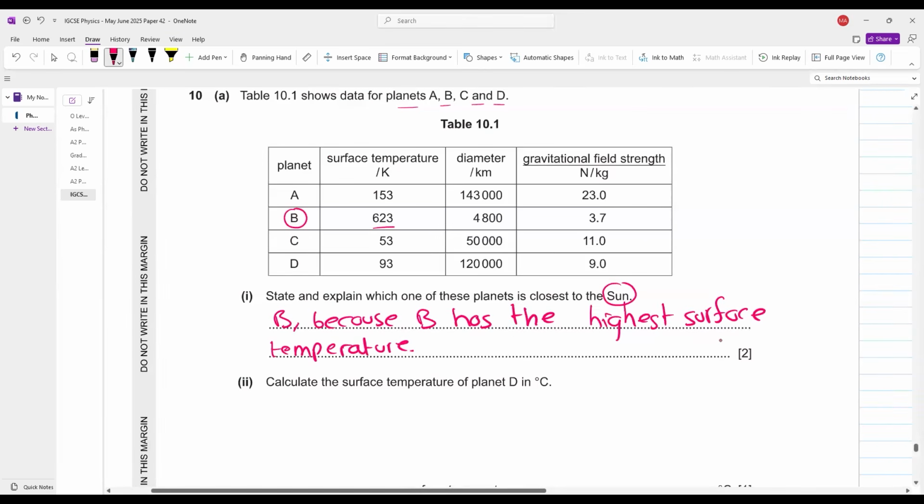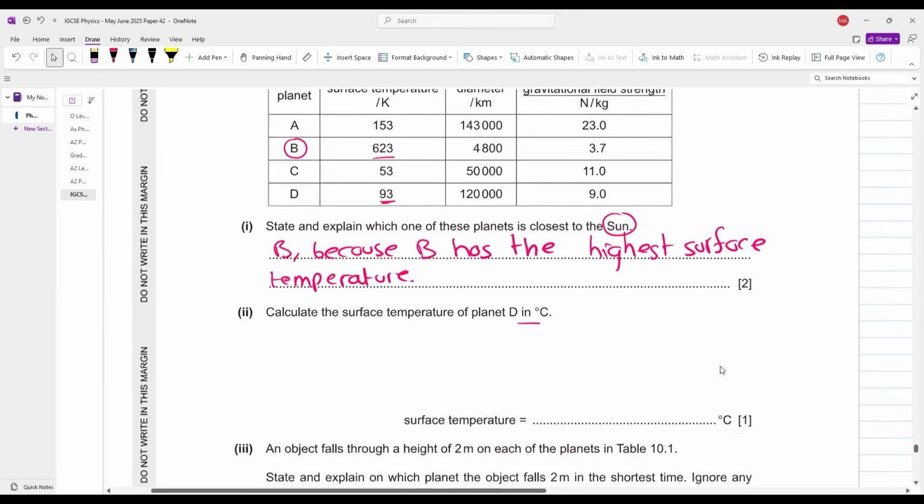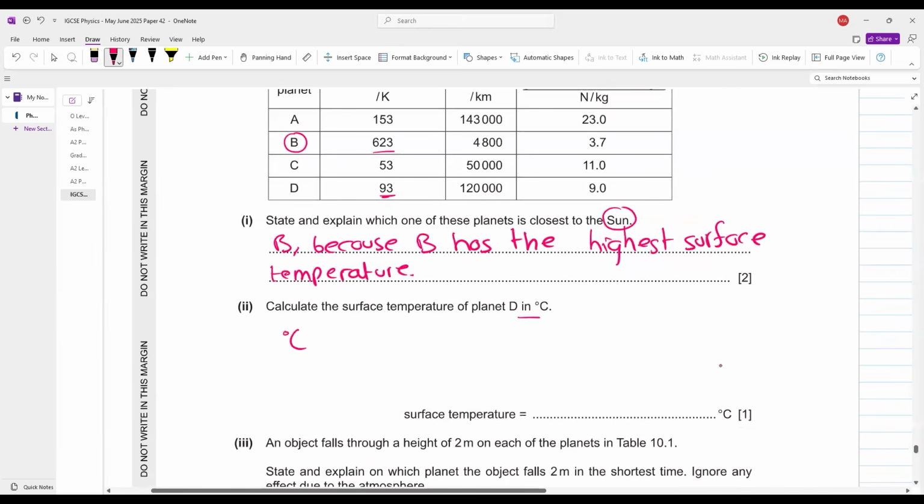Calculate the surface temperature of D in degree centigrade. अच्छा, we have to convert this D into degree centigrade. Kelvin is equal to degree centigrade plus 273. What is the Kelvin temperature? 93.